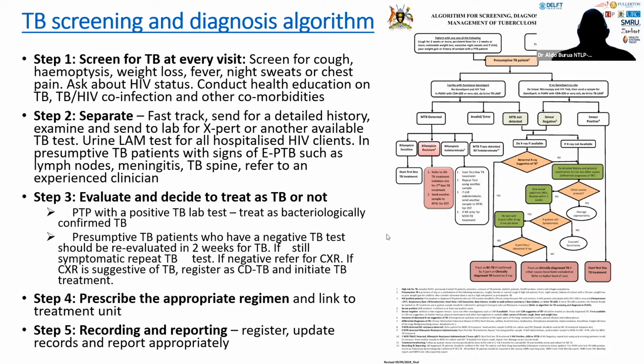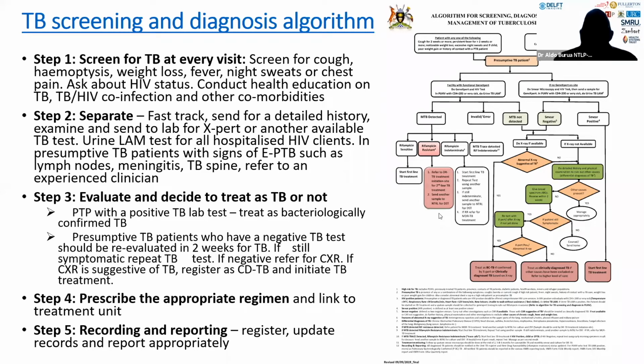So to determine who is eligible for X-ray, we employed the national TB screening and diagnostic algorithm, which is the image on the right hand side. The steps in the screening is that for every person who comes to visit the health facility, we screen for TB symptoms. So we screen for cough, hemoptysis, weight loss, and all these other symptoms using the symptom screen.